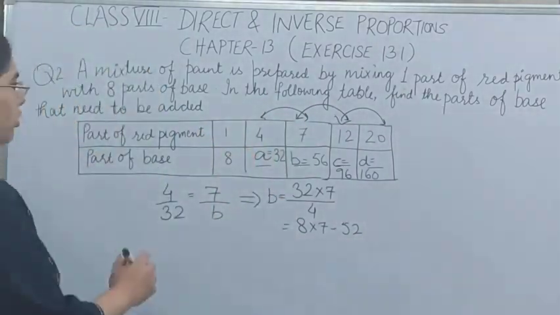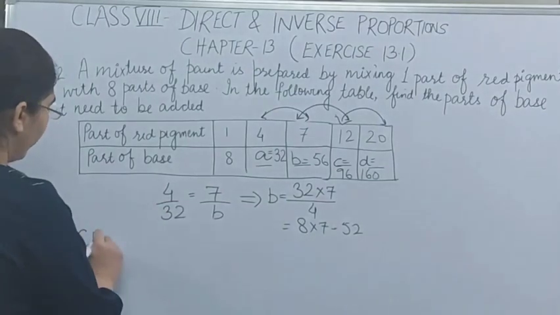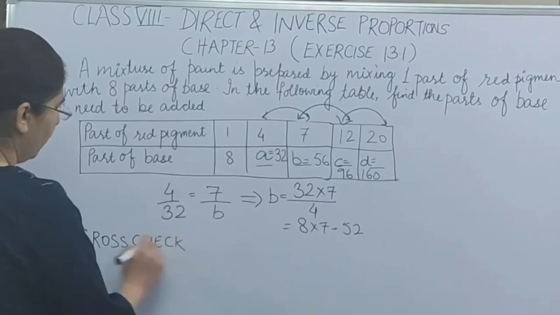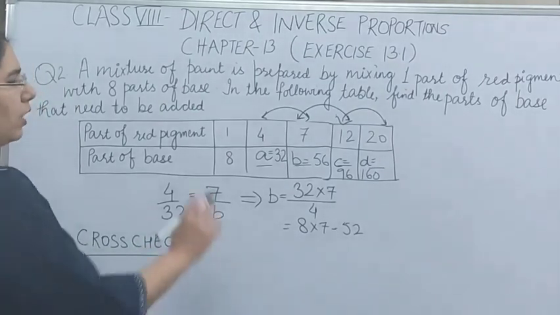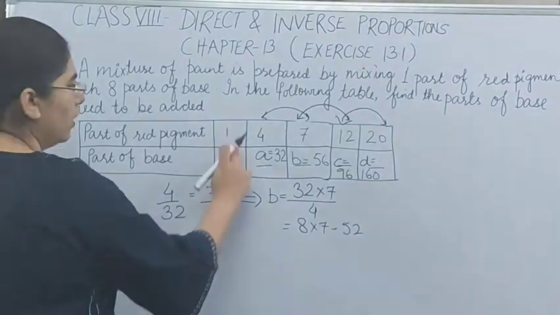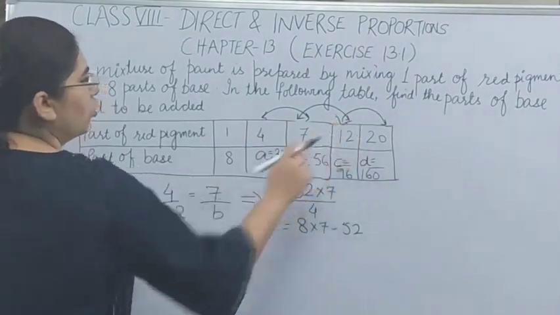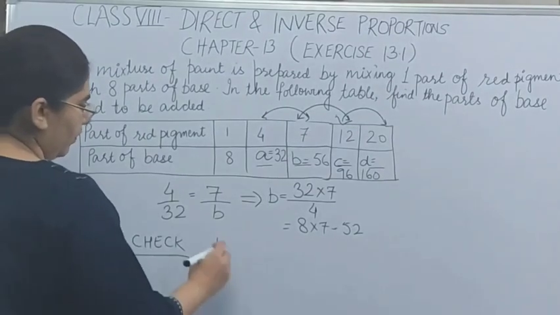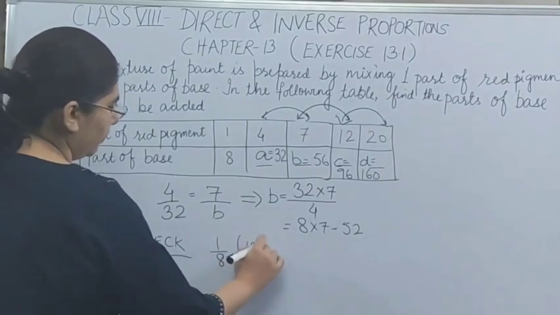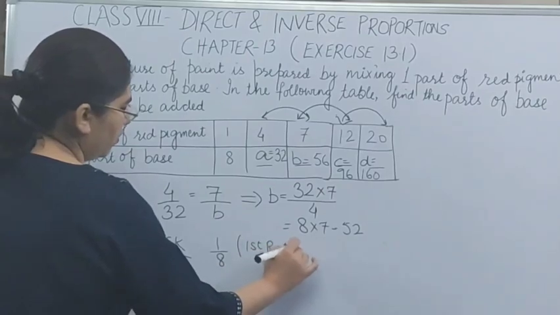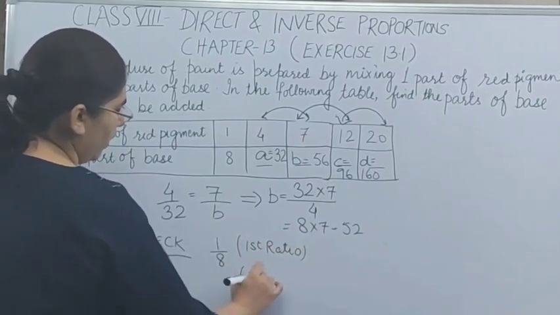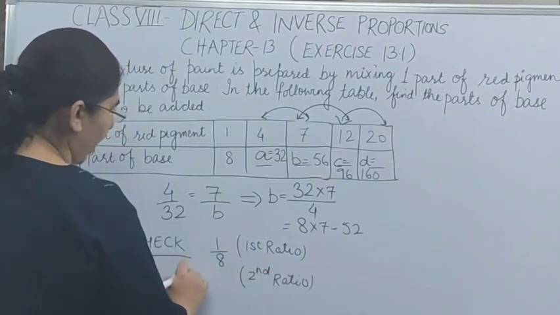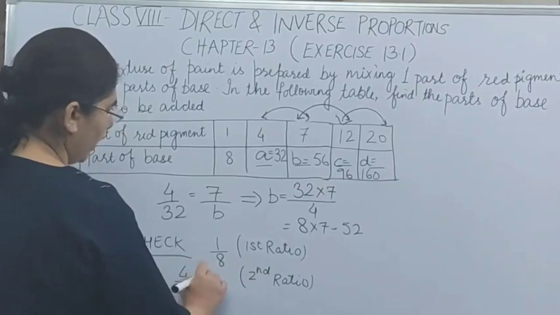And how do you cross check? Ultimately, after everything has been done, you can easily cross check if you have calculated correctly, because all these ratios should be the same. So the first ratio is 1 by 8. What is your second ratio? Second ratio is 4 by 32, which is again 1 by 8.